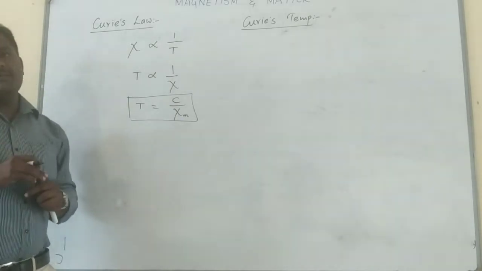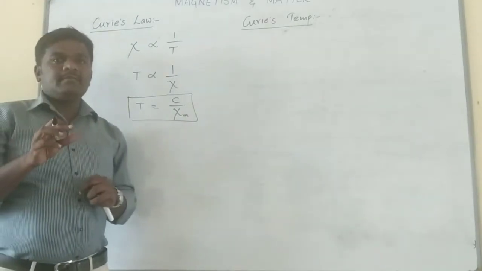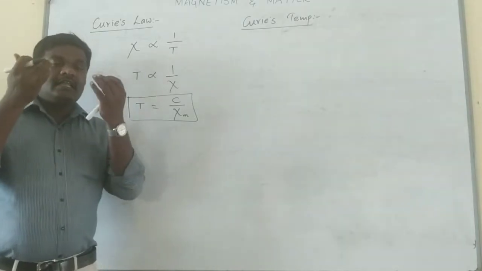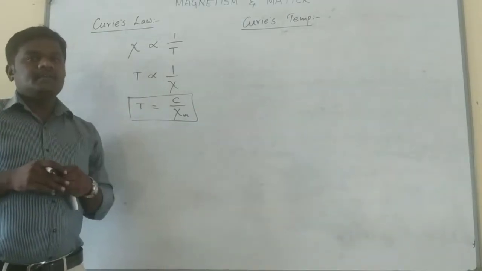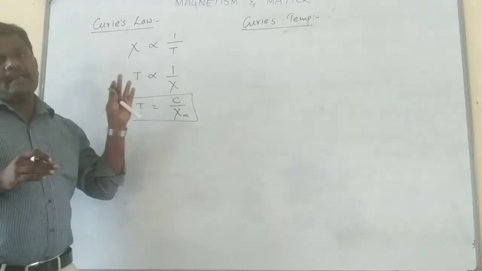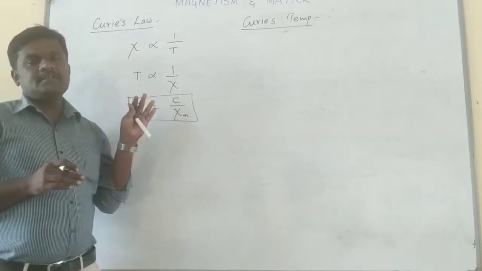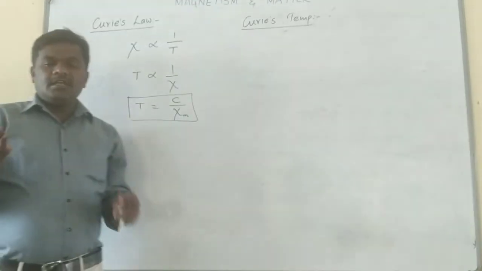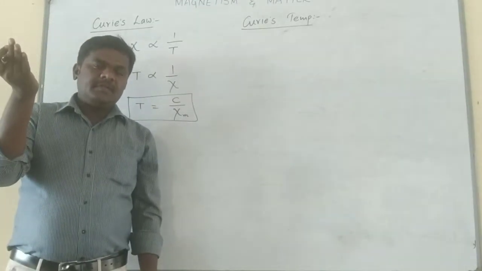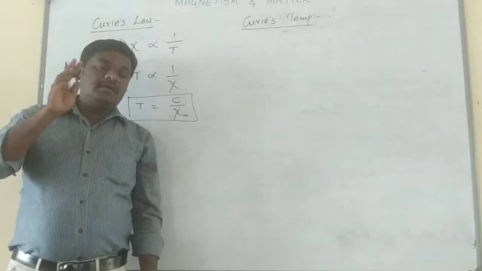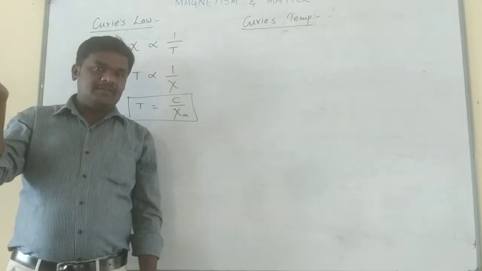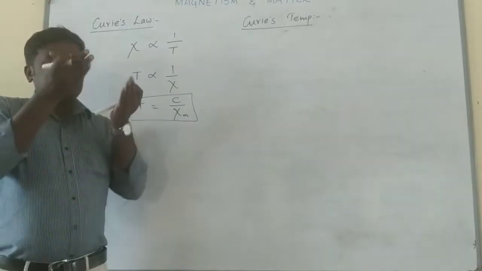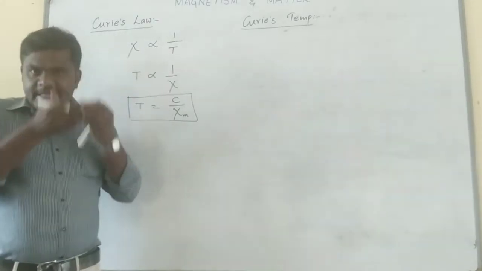At a particular temperature, a ferromagnetic material will convert into paramagnetic. You know very well, ferromagnets are strongly attracted by magnetic fields and paramagnets are weakly attracted. So if you increase the temperature, a ferromagnet will convert into para, with its magnetic property decreasing.